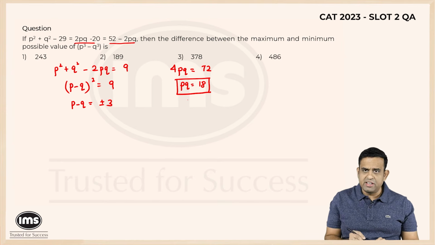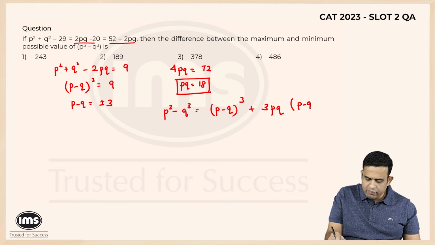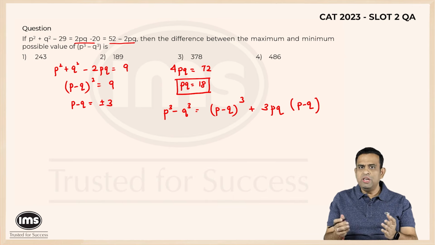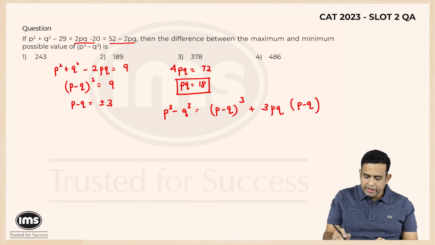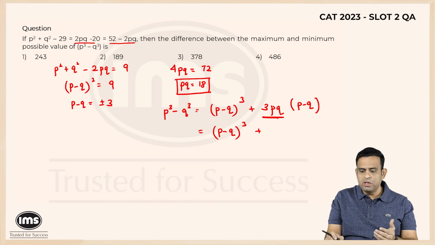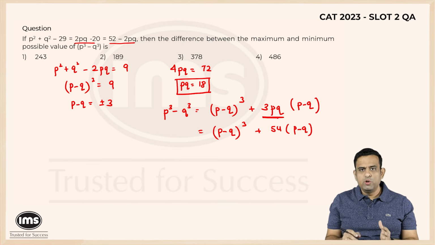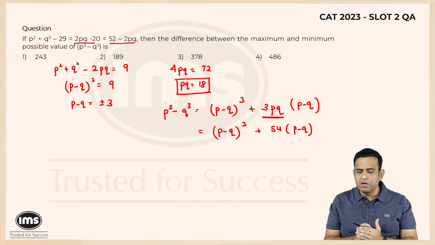So as I told you, the value of p cube minus q cube will be equal to p minus q whole cube plus 3pq into p minus q. Now the value of p into q is constant, which is equal to 18. So this particular part becomes p minus q whole cube plus 3 into pq, which is 3 into 18, which is 54 times p minus q. As I told you, p minus q comes out to be plus 3 or minus 3.